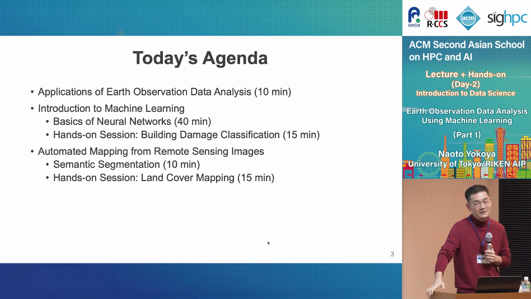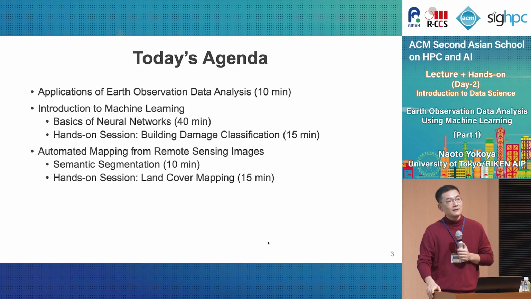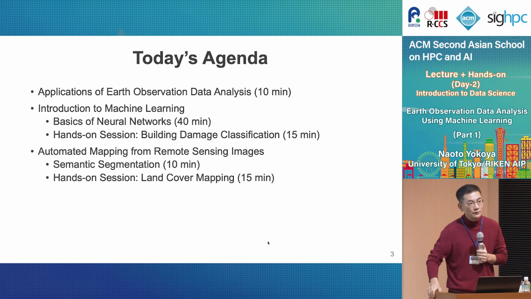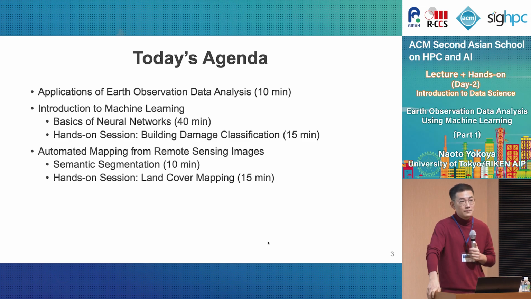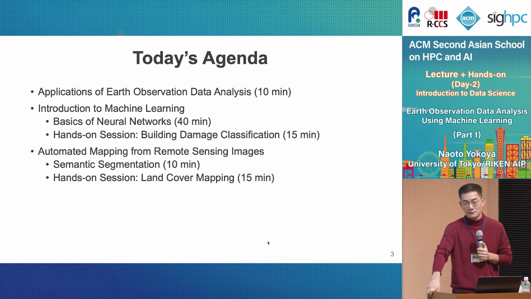For those who are very familiar with machine learning, maybe it's a reminder of how it is and how it's applied to Earth observation data. And for those who are not really familiar with machine learning or Earth observation, I hope you will get good insight and understanding, so that after this lecture, you will be able to explain what a transformer is and how it is optimized.